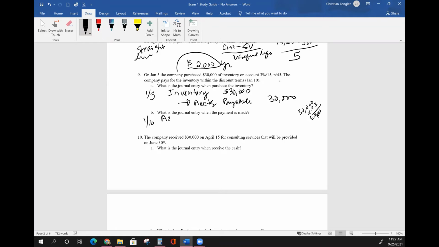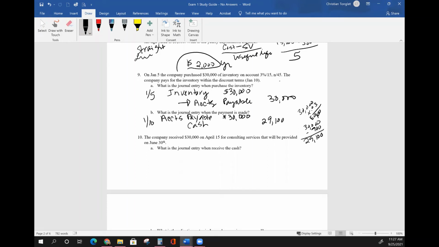So I'm a debit accounts payable to remove it off my books so that I no longer show that I owe them any money. So there's my 30,000, that clears that off. Now I'm spending cash. I'm not giving them the full amount. I'm only giving them the 30,000 less the 900, which is the 29,100. So cash going out is 29,100.